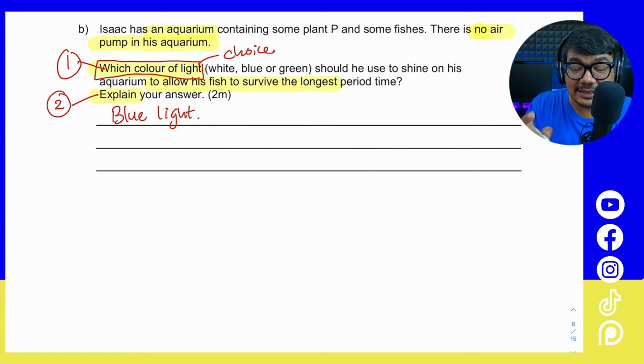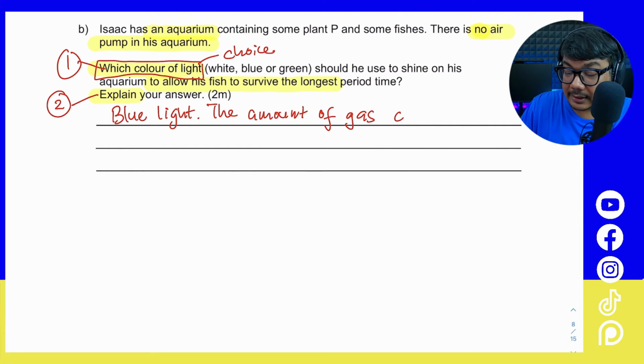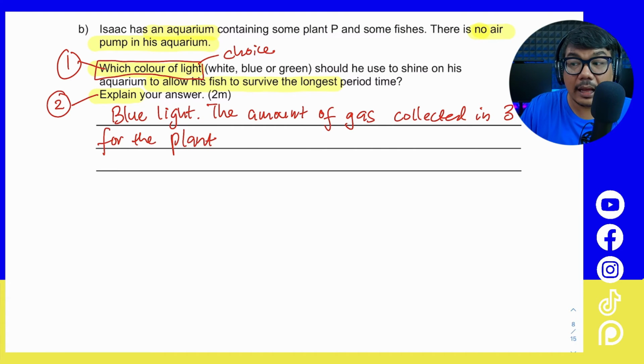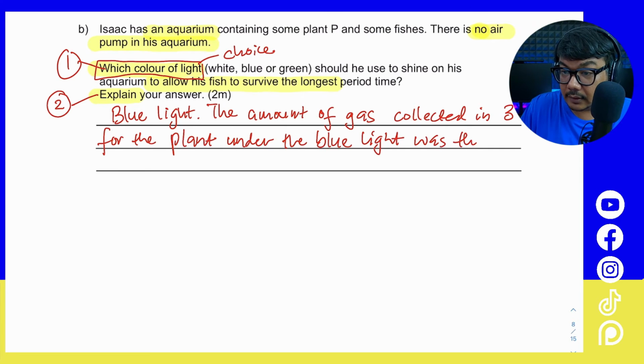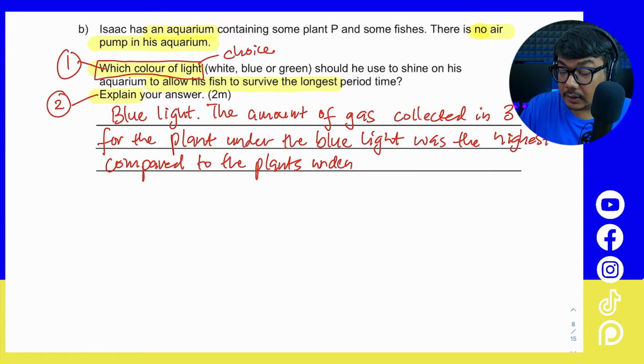The evidence that I see here is that the amount of gas collected in 3 hours for the plant under the blue light was the highest compared to the plants under white and green light.